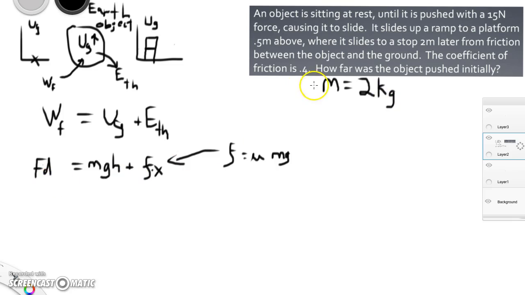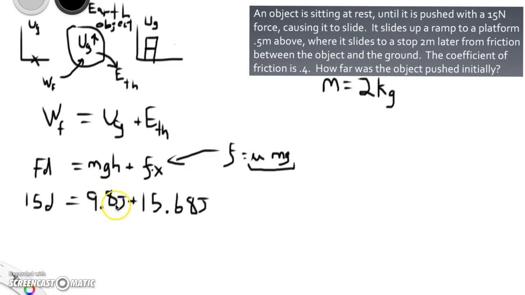So let's go ahead. I'm actually going to substitute in the values and get the quantities first. I'm going to substitute in all of these and find the work by friction. I'm going to find potential energy, and then I'm going to solve for d. So I found that we ended up with about 9.8 joules of gravitational potential energy. We lost 15.7 joules to thermal energy, and we're going to go ahead and solve for d.